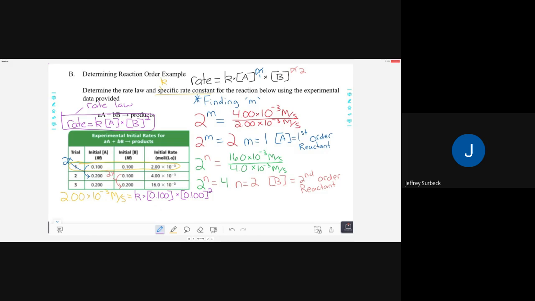If you want to start solving it in your calculator, that's fine. But we would take 0.1, and I'm putting these in brackets. Obviously, you can't put brackets in your calculator, but make sure that when you put this in your calculator, that squaring is just attached to that 0.1 of substance B.